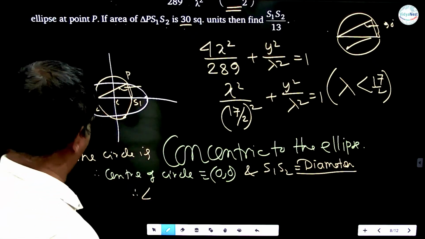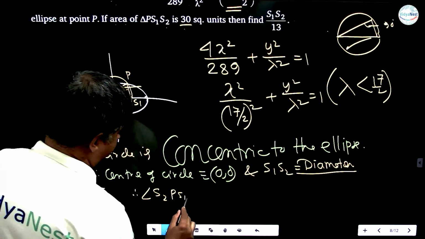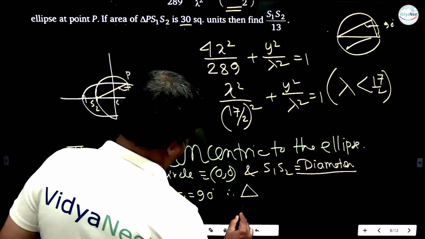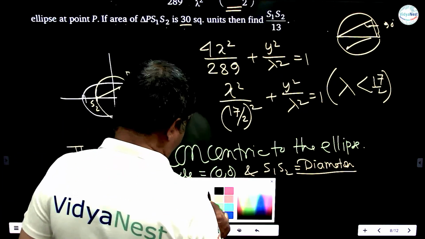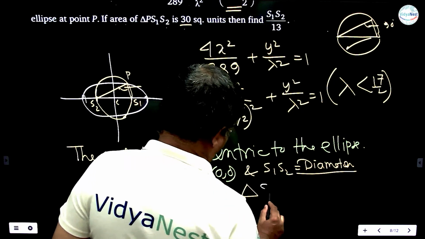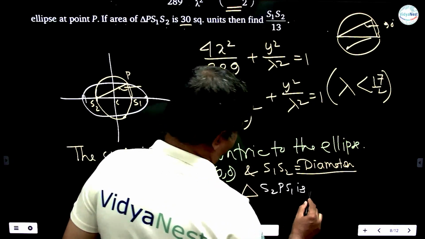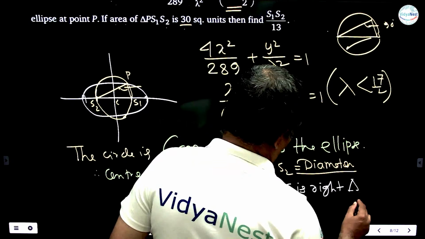Yes or no? Yes, sir. So triangle S2 P S1 is a right triangle.